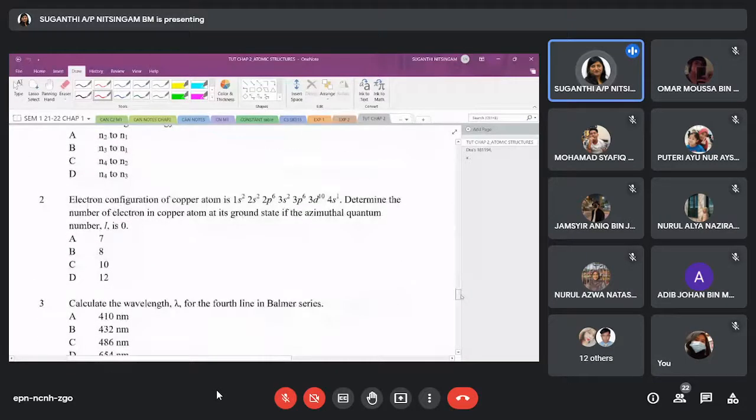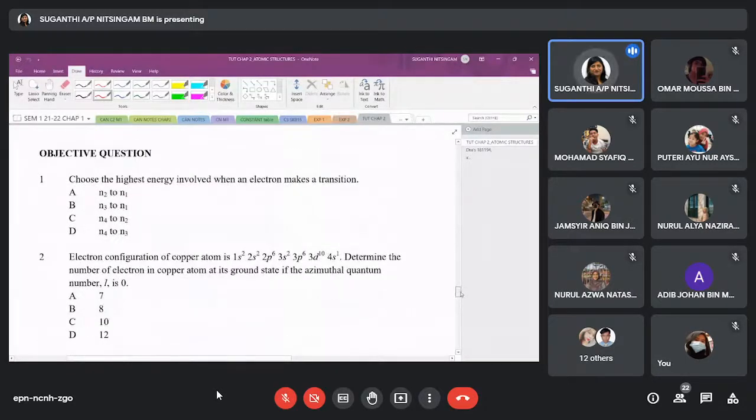Okay, this objective question, let's see. Choose the highest energy involved when an electron makes a transition. So where will there be the highest energy?